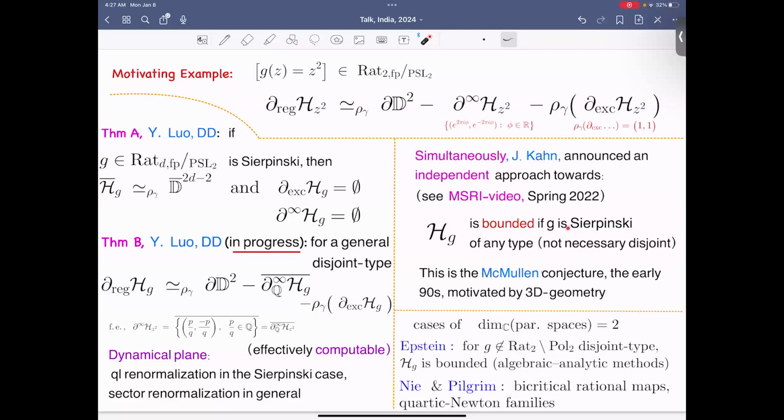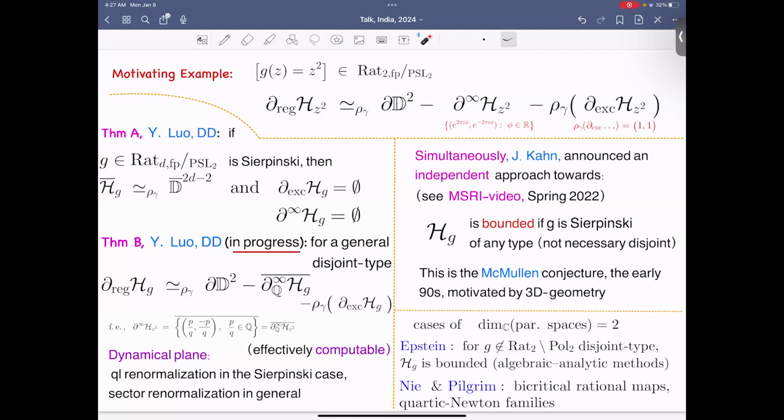In particular, his approach works for Sierpinski hyperbolic components of any type, not necessarily disjoint. But it seems that in his approach, Sierpinski is a necessary assumption. So he really uses the fact that the two components are disjoint. And this is the MacMullen conjecture that was motivated by the geometry of free manifolds.